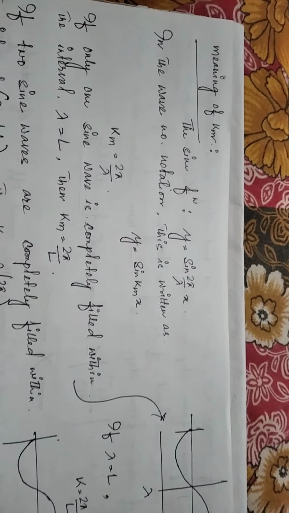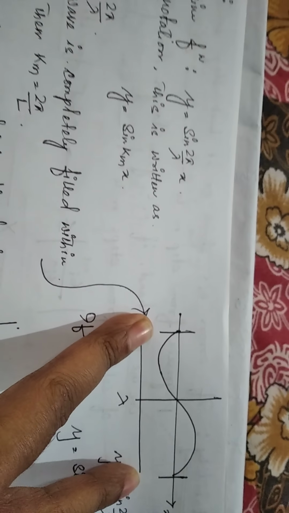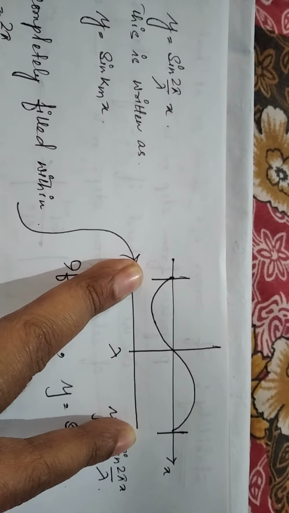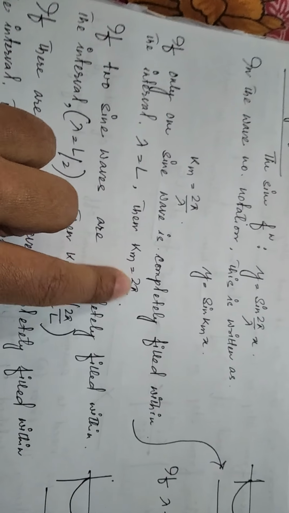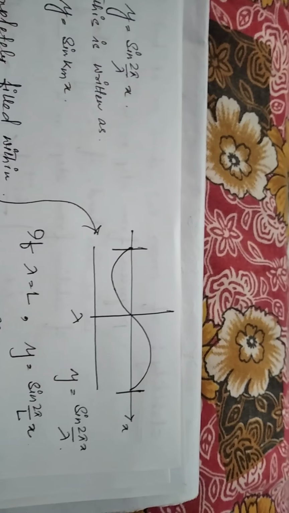Now what is the physical interpretation? If there is only one sine wave over this particular interval, and lambda equals L, then your wave number will be 2 pi by L. This is for one wave on the interval.